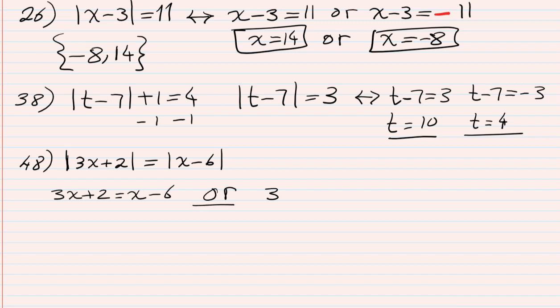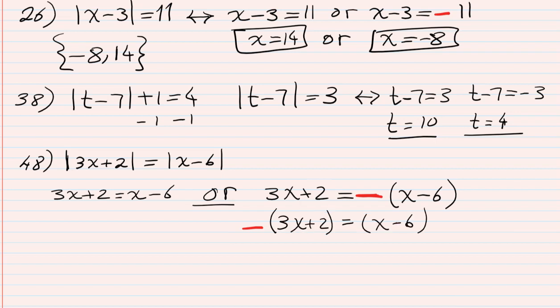Or one of them, let's say the one on the left, is opposite. So I'm going to go negative sign here, opposite of the other one being x minus 6. It doesn't matter. You could, if you wanted to, put negative on the expression on the left. As long as they're opposites, both of these are permissible.